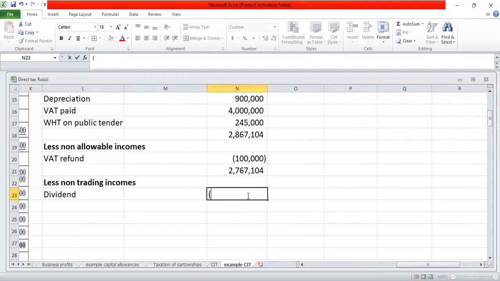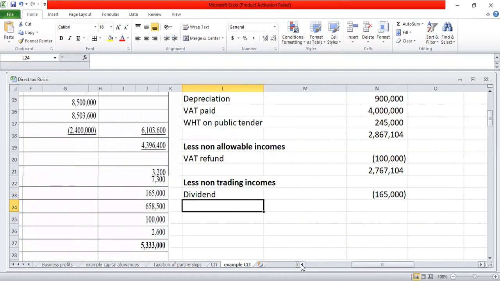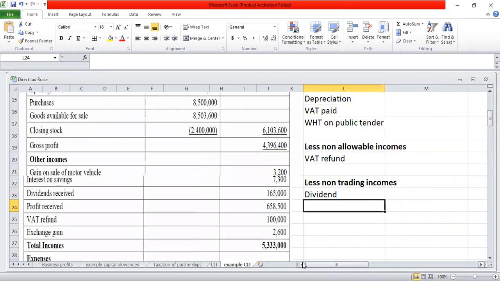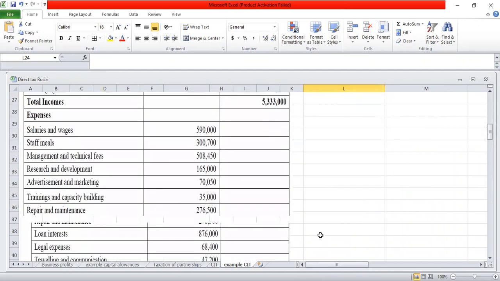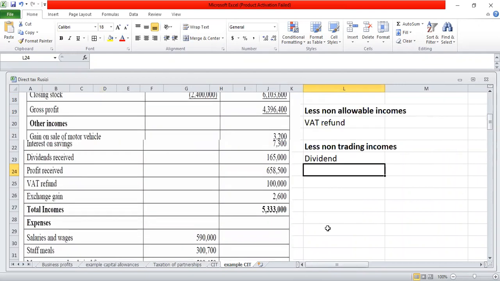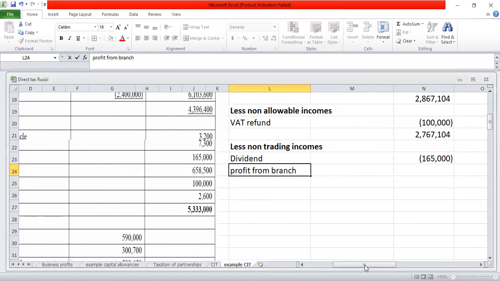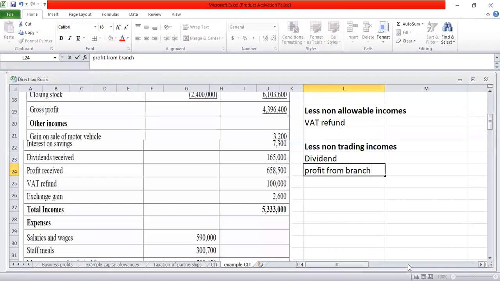Then we have the profit from branch. Profit from branch is 658.